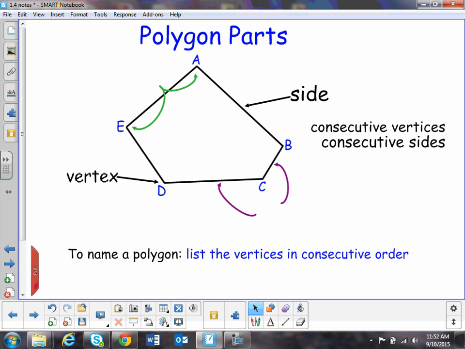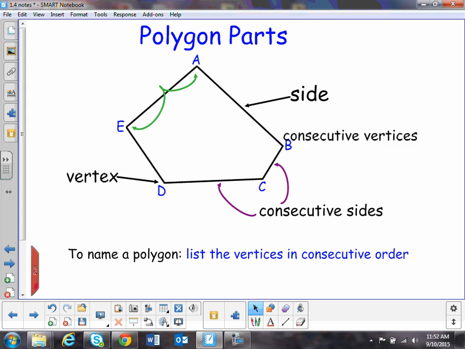You're going to hear me say consecutive a lot. Those are consecutive sides, meaning what's a simple word that means consecutive? In order, next to, touching. So lots of synonyms used for that. These are consecutive vertices.